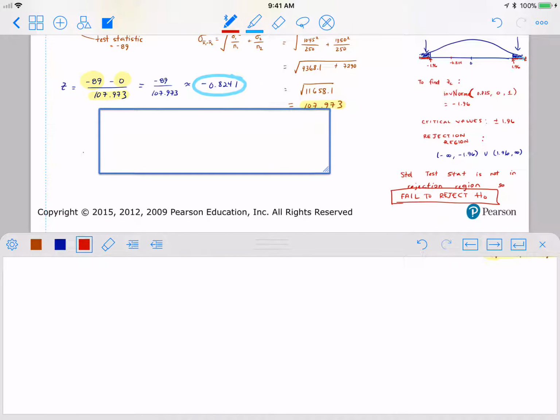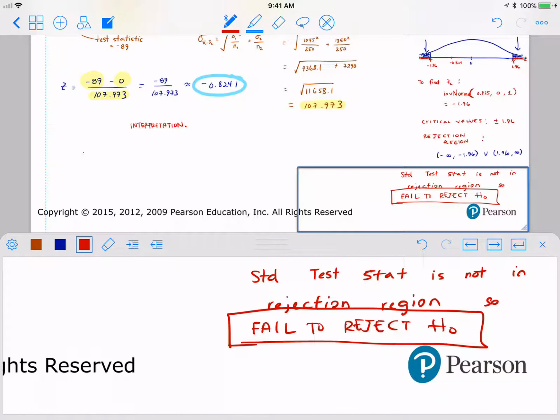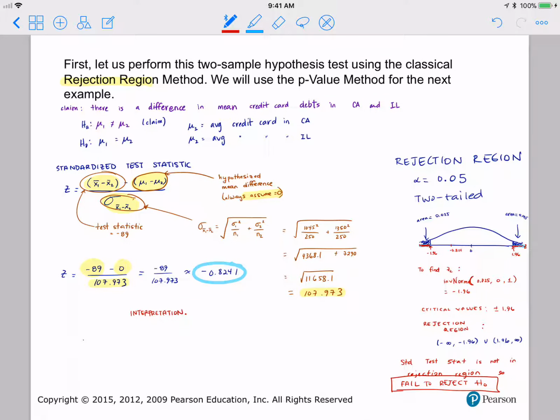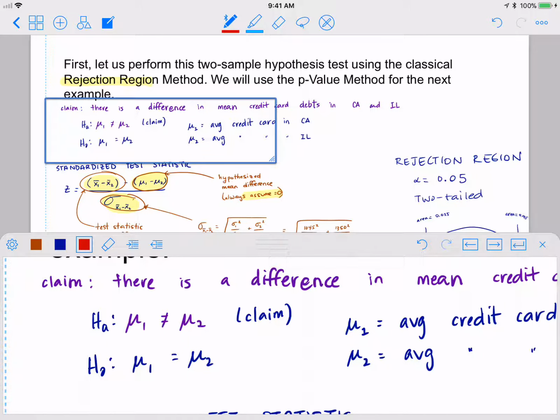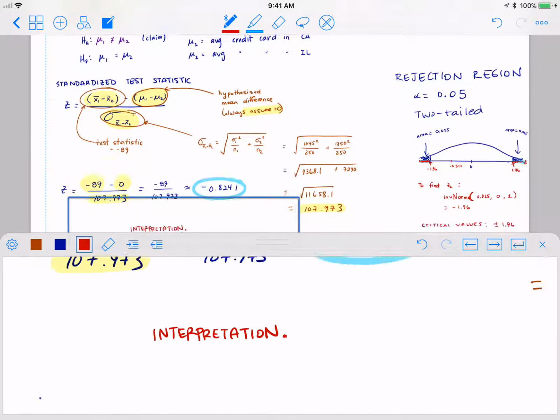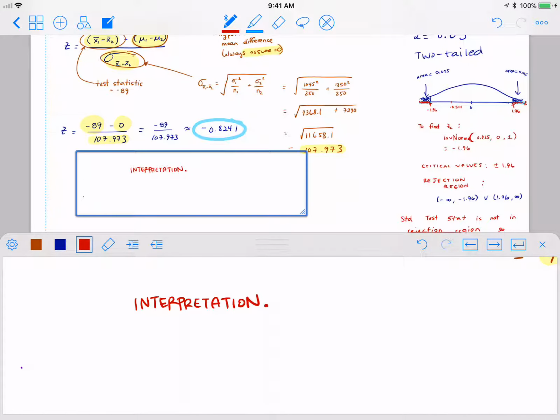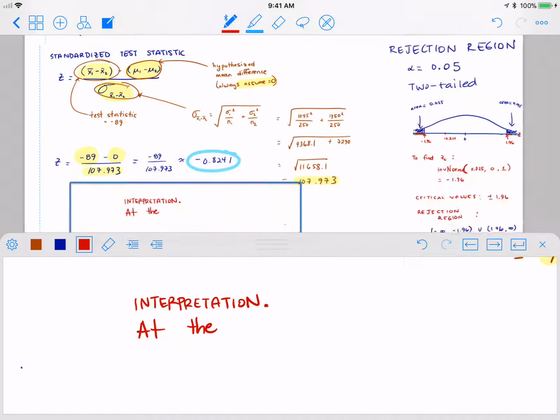Okay, and the last step, which is our interpretation of our decision. Here's what's going on. We failed to reject H naught, and our claim, what is our claim? Our claim is HA. So since we failed to reject H0 and our claim is HA, there's not enough evidence to support the claim. So let's put in here, what is our alpha? Our alpha was 5%.